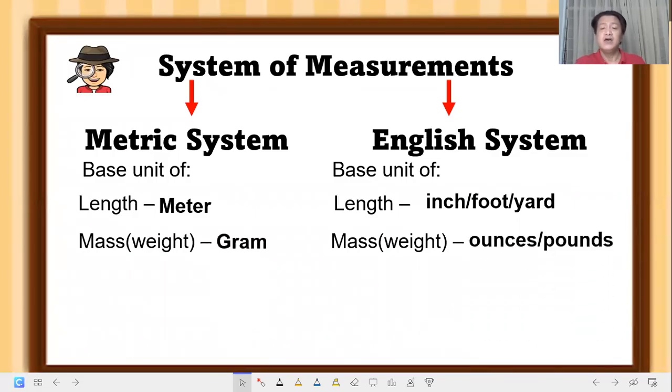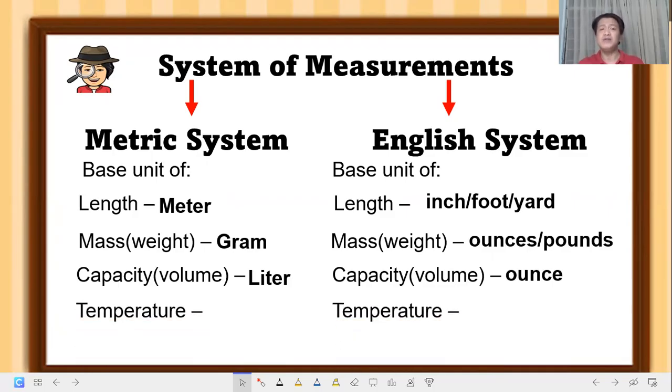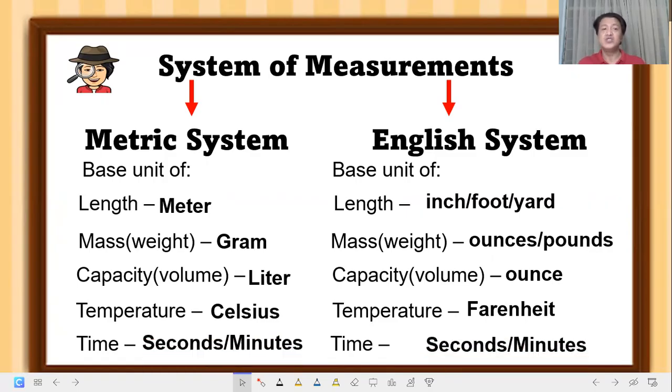Dito naman ay ounces or pounds. Samantalang sa capacity for the metric, we have the liter. Dito naman sa English, that is ounce. And sa temperature naman for the metric, we have the Celsius. Dito naman sa English system, that is Fahrenheit. And time, we have the same, seconds and minutes. So yan po yung mga base units po.